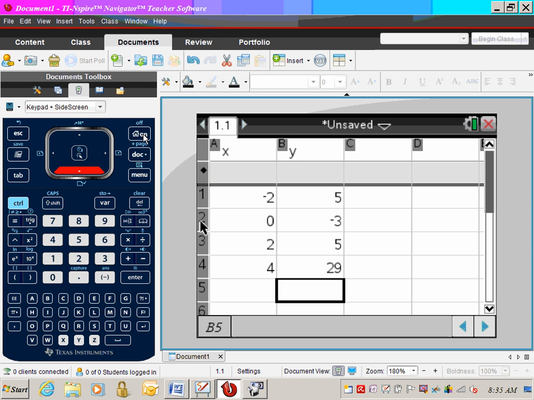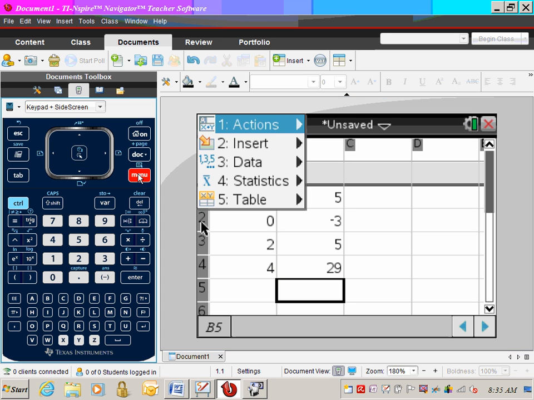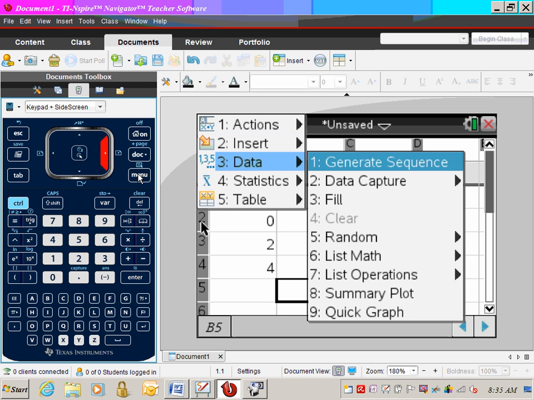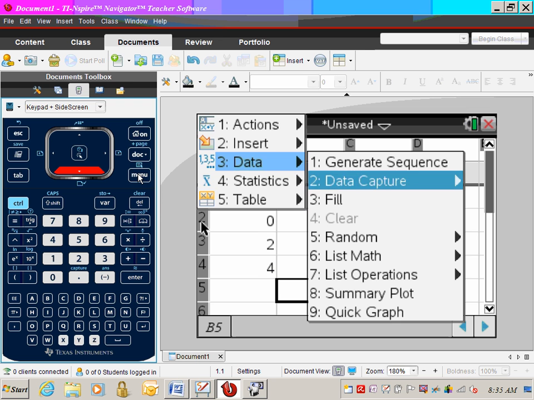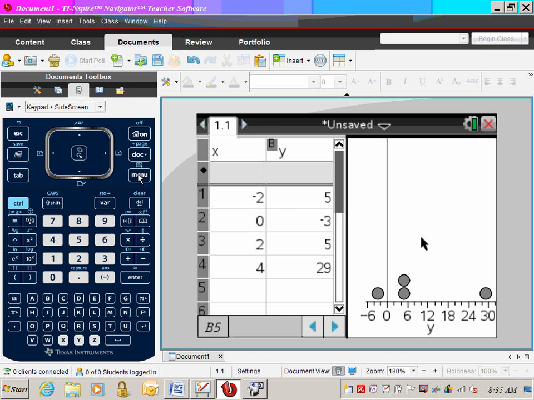Okay, now where would I go to pull up the graph? You go to menu. Data, and then quick graph. Good. Then what did I do?